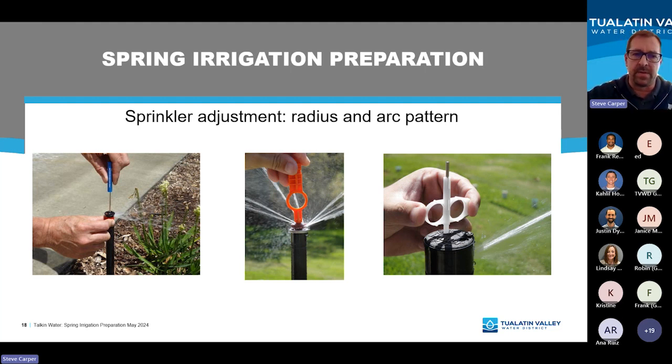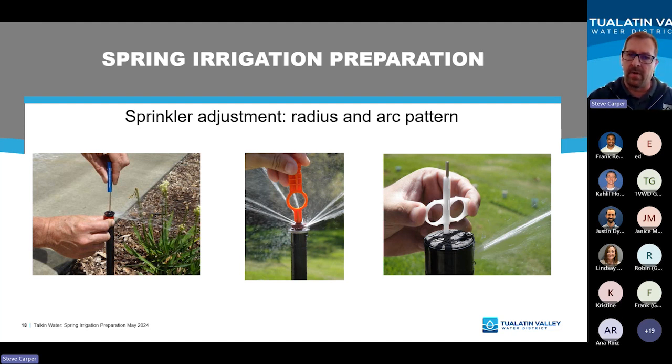In the top of the nozzle, there will be a small slotted screw, and if you twist that little screw to the right, it will actually restrict the radius and shorten the distance that the water goes away from the sprinkler head. Oppositely, if you turn that to the left and open up that little screw as far as it will go, that will then increase the radius to its furthest extent.